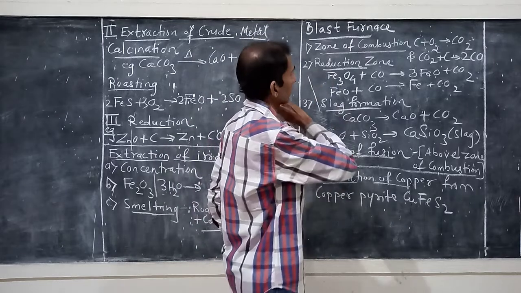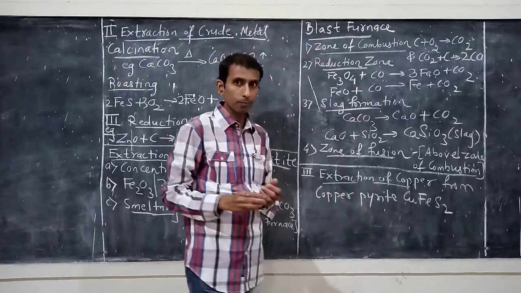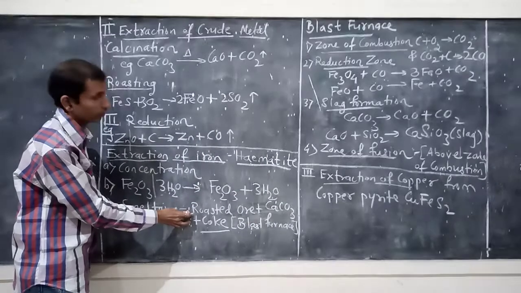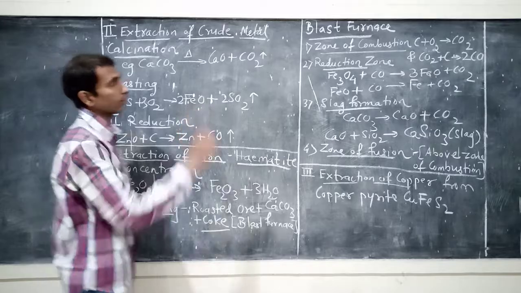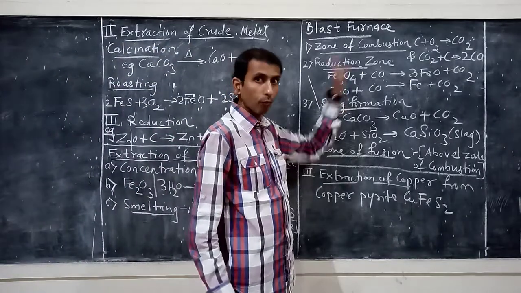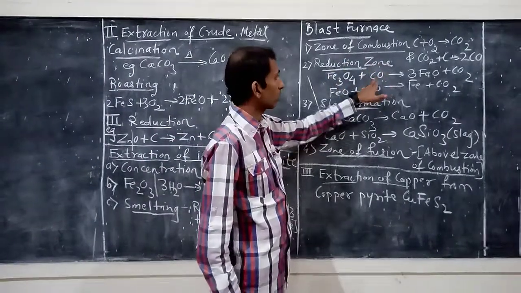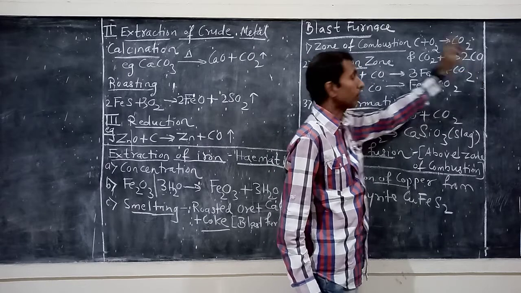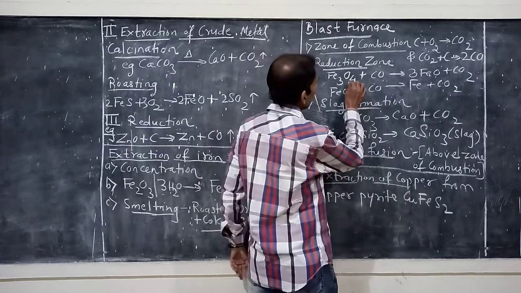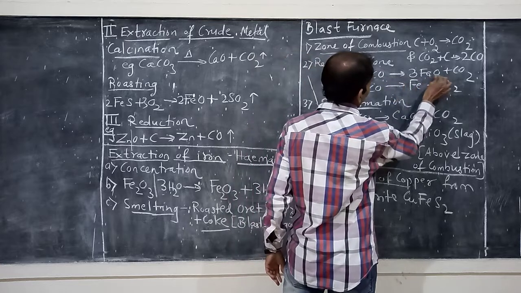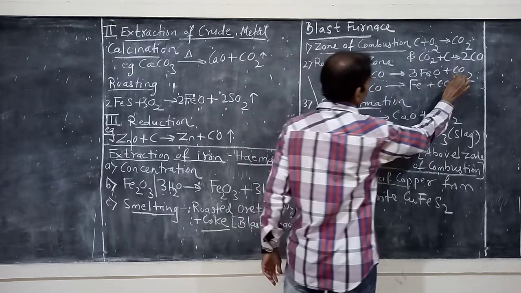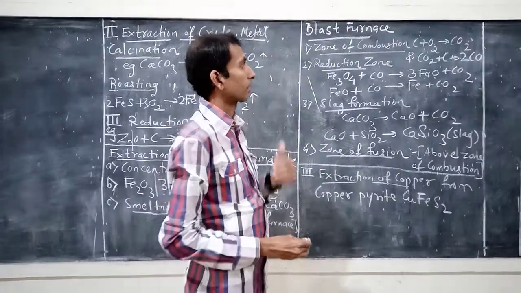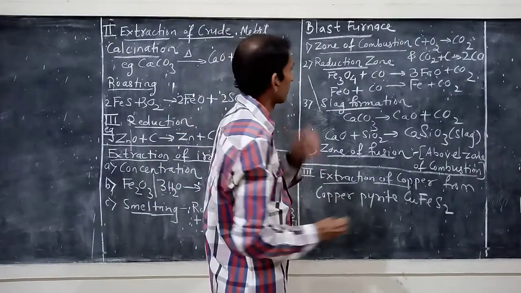The second zone here is the reduction zone. In the reduction zone, the ore part of the mixture, that is hematite, in Fe3O4 form, reacting with the carbon monoxide produced in the zone of combustion, will give you FeO, iron oxide, with evolution of carbon dioxide, still raising or increasing the temperature here.